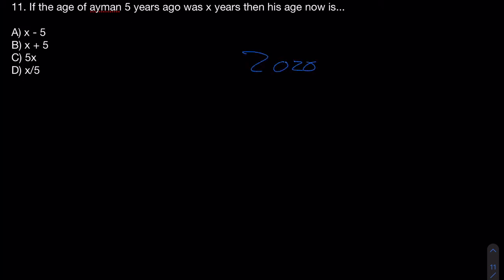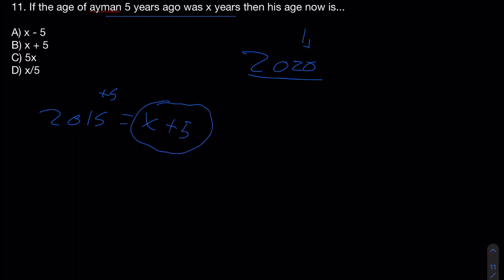So the age of Ayman 5 years ago, in 2015, was X, right? Then in 2020 his age would be X plus 5. That's going to be your answer.